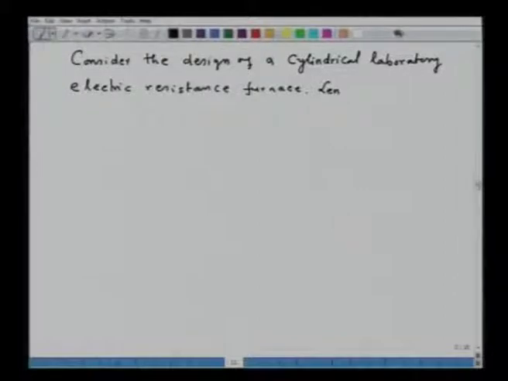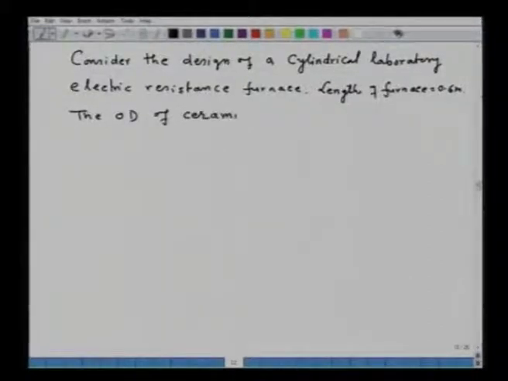So, the length of the furnace is 0.6 meter. The outer diameter of the ceramic tube is 0.06 meter, because you wind the heating element on the outer diameter of the tube.